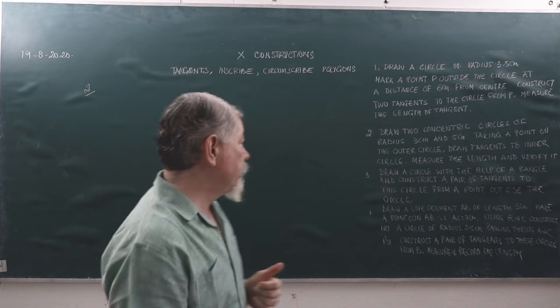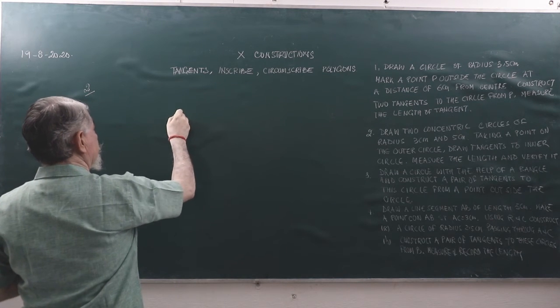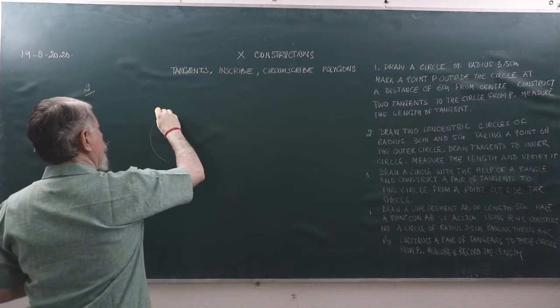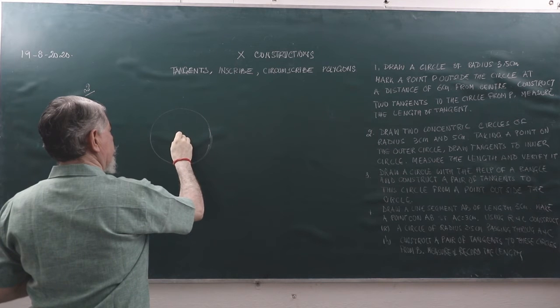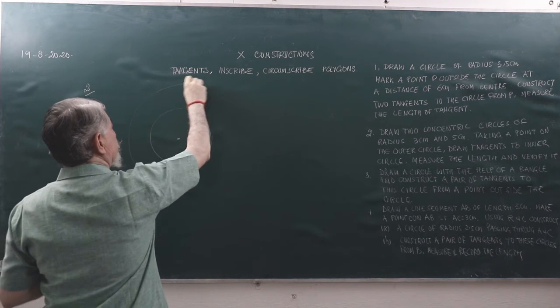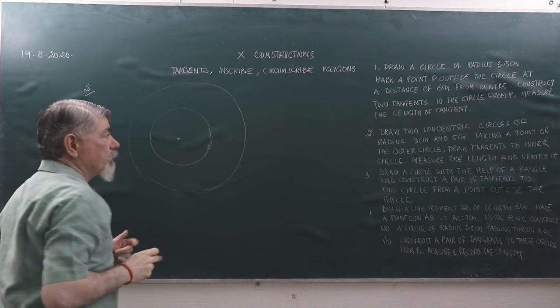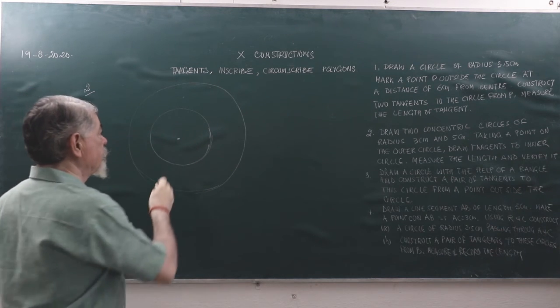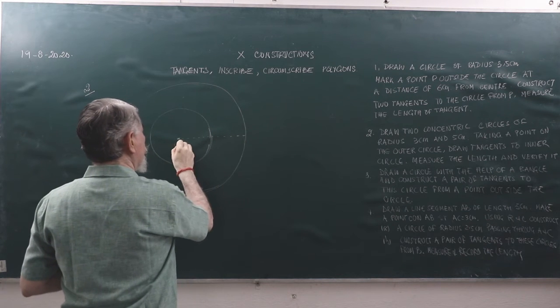Now let us see what he is saying. He's saying one circle of radius 3 cm, one circle of radius 5 cm. If I join this, O is the common center.